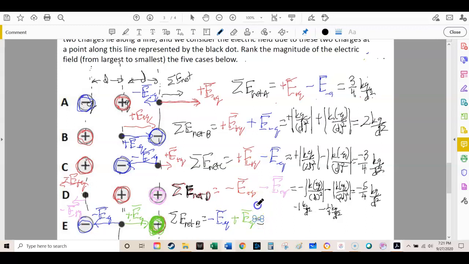And that's going to be equal to negative KQ over distance D squared plus KQ over distance D squared, which is going to be equal to 0. All right.